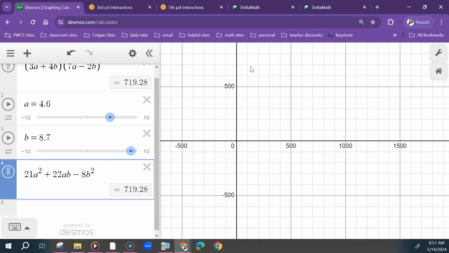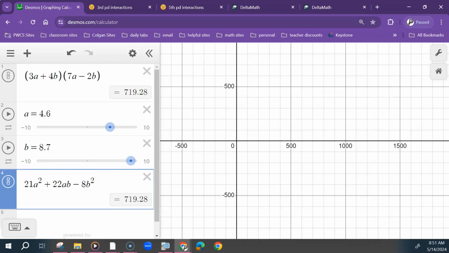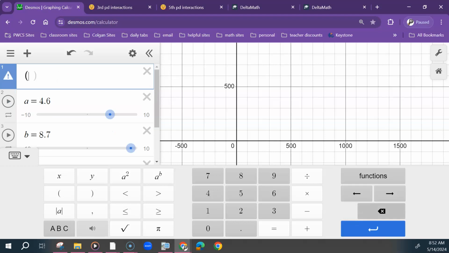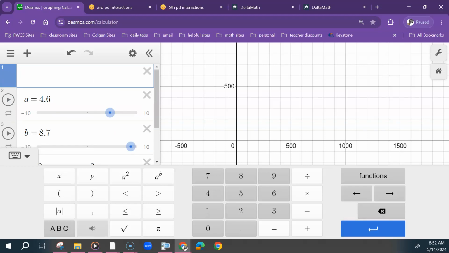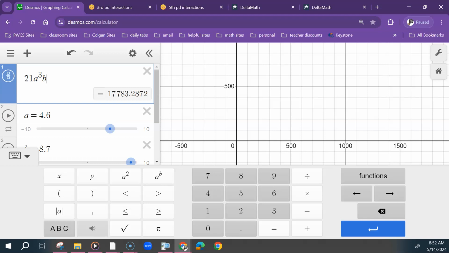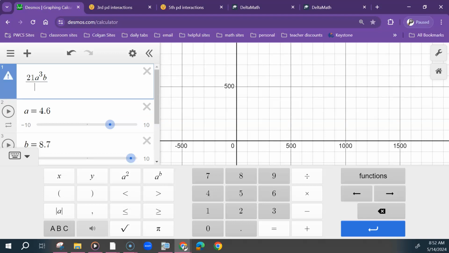Okay. Number 13 on the same page. We're going to use the Desmos hack for that one. So I'm just going to change my original problem to number 13. I'm going to type that over here just because it's a lot of things. As I'm doing this, make sure you are also putting this in using the Desmos hack.